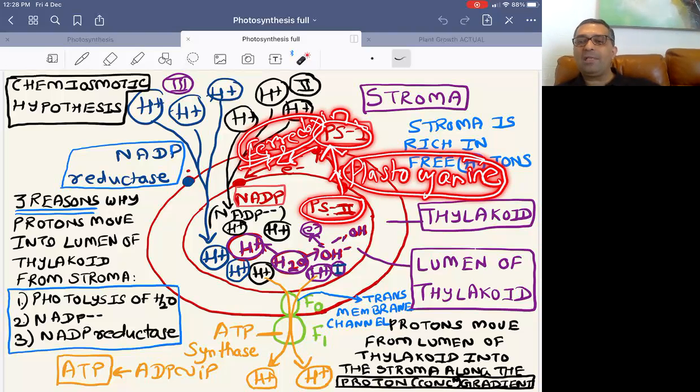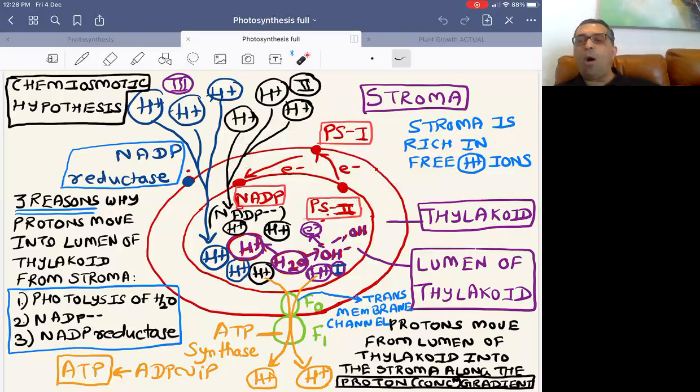PS1 ground state पे आ जाएगा, and from ferredoxin, the electron goes to NADP, and NADP absorbs or retains the electron.